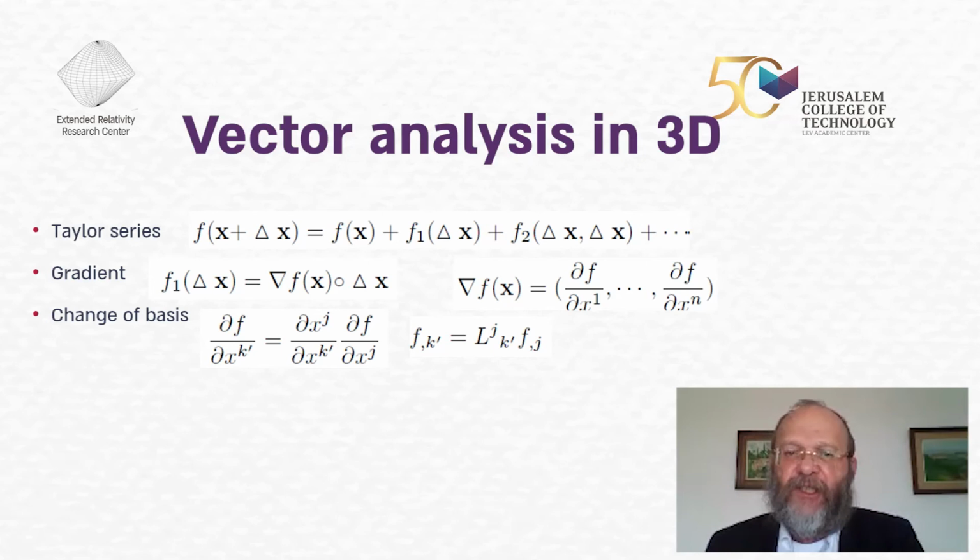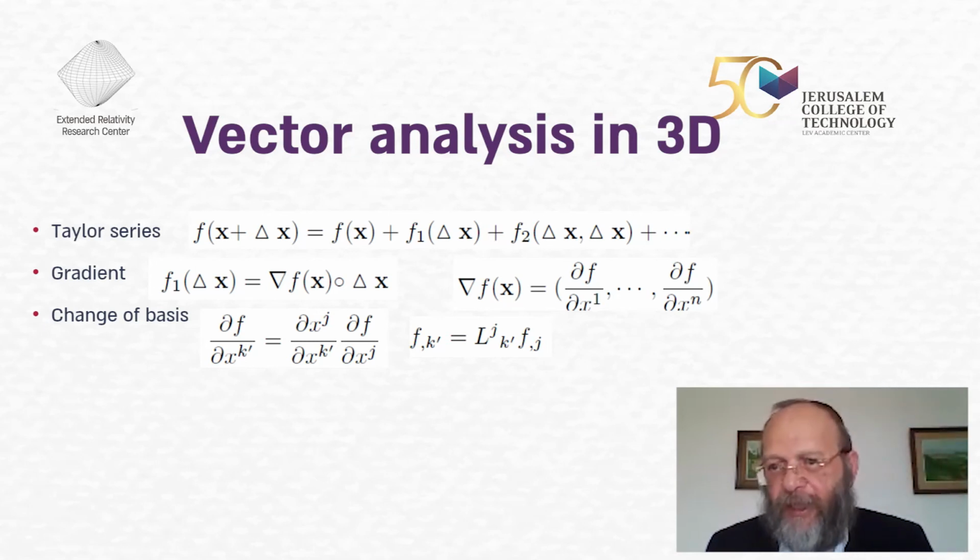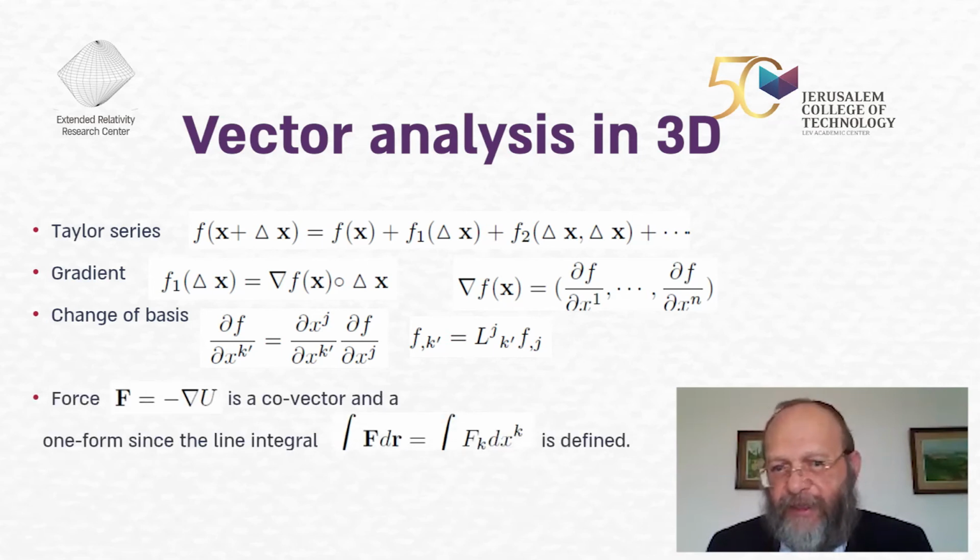Now we have an interesting notation introduced for differentiation. It uses the same index, but to show that it's not a component, they put a comma before. So when you see f comma k prime, it means df/dx_k prime. Now, the force is the negative of the gradient of the potential, so force is a covector.